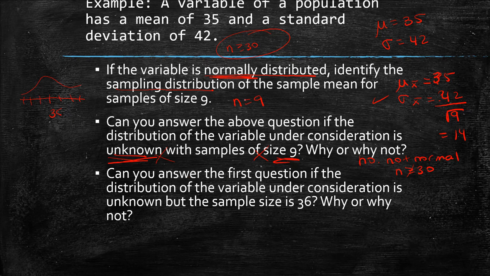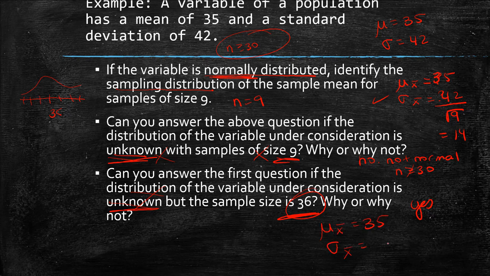Can you answer the same question? Find the sampling distribution. If we don't know the distribution, so again, it's not normal, we have no idea, but the sample size is 36. Now the answer is yes, because our sample size is large enough, even though we don't have a normal distribution, or we don't know what it is. Our sample size is large enough, so we can do that. Mu of x bar would be 35.